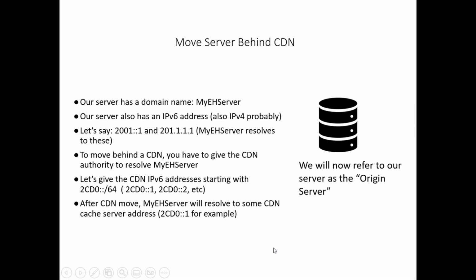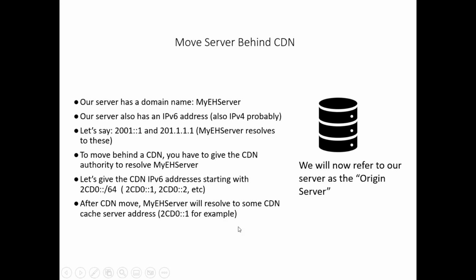And so what you have to do, basically, to move behind the CDN, is give the CDN the authority to resolve your domain name. So now, instead of your domain name resolving to the address that you have, it'll resolve to the CDN, and the CDN will handle all of that.